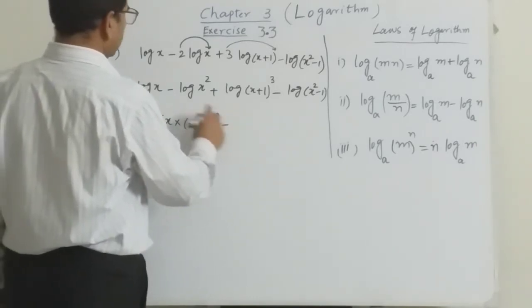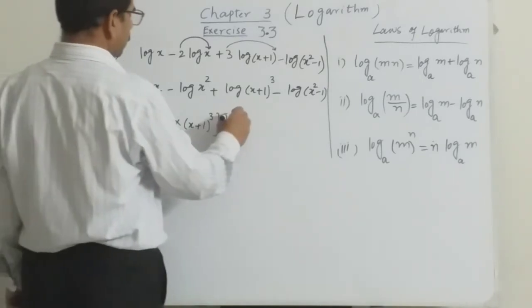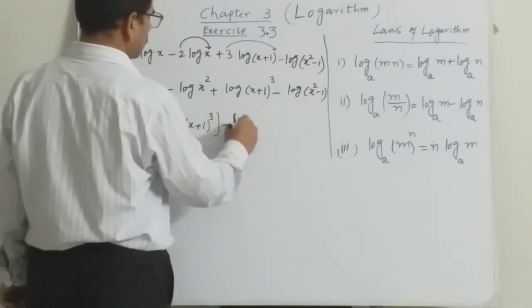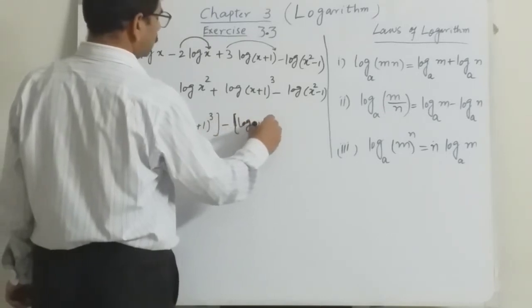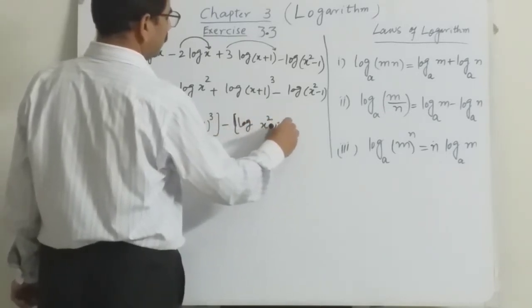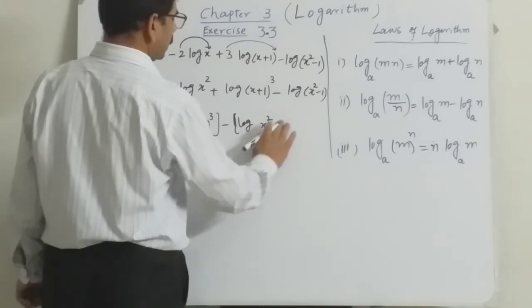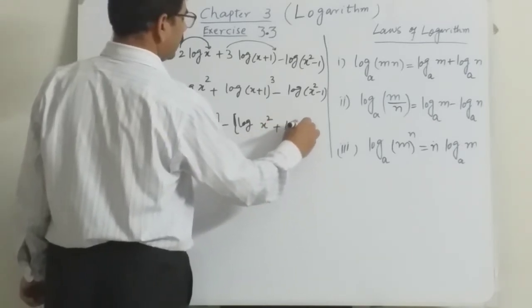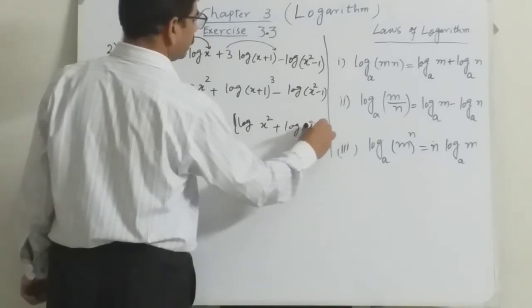Minus will be taken out common, and we can write it as log x square multiplied by x square minus 1.